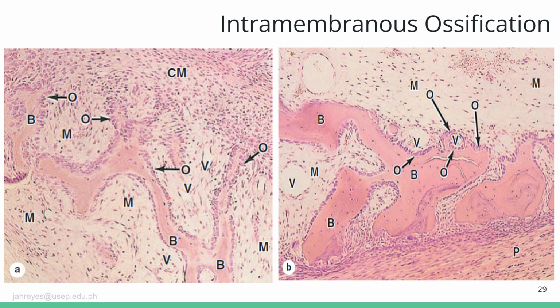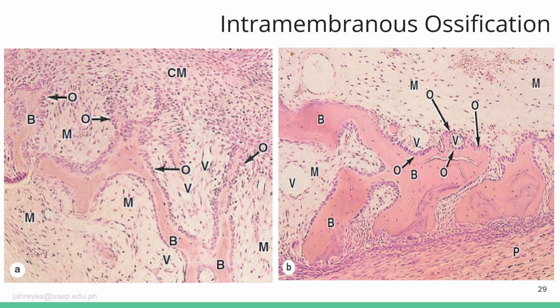So there will be a microscopic structure of an immature bone formed, and the newly formed bone tissue appears as an immature bone with thick trabeculae lined by osteoblasts, and inside are the osteocytes here.